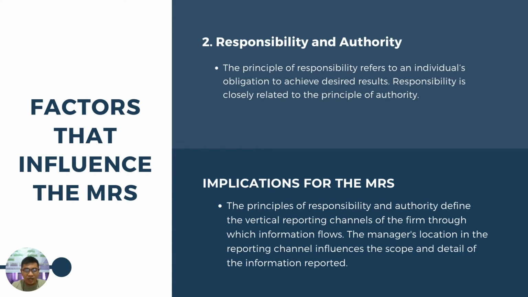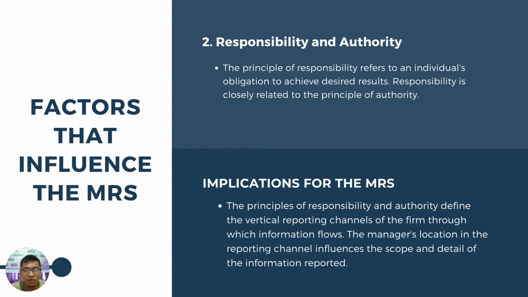The manager's location and the reporting channel influences the scope and the detail of the information reported. In here, managers at higher levels usually require more summarized information. Managers at lower levels receive information that is more detailed. In designing a report structure, the analyst must consider the manager's position in the reporting channel.